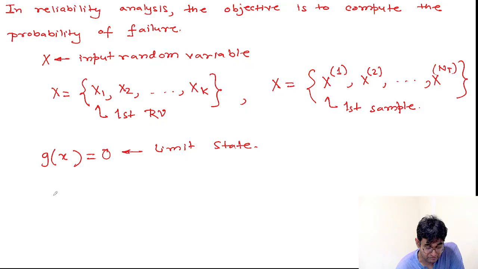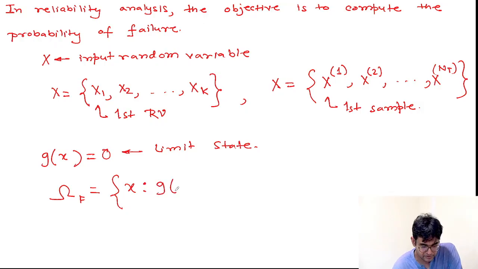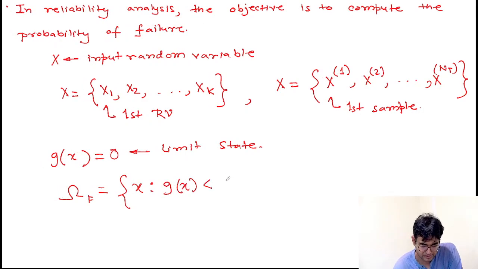We also define the failure domain, which is all those x corresponding to which g of x is less than or equal to 0, and this denotes my failure domain.